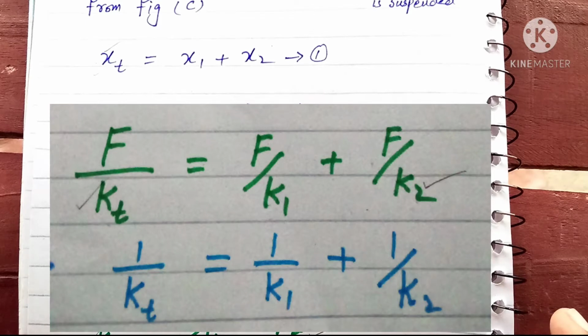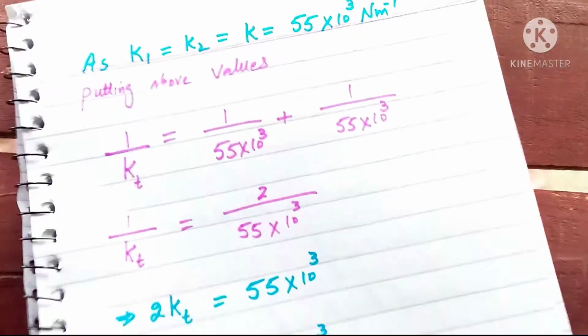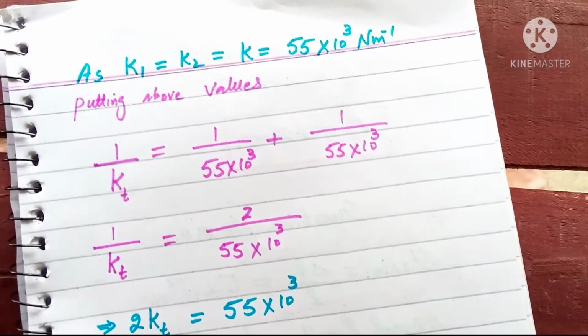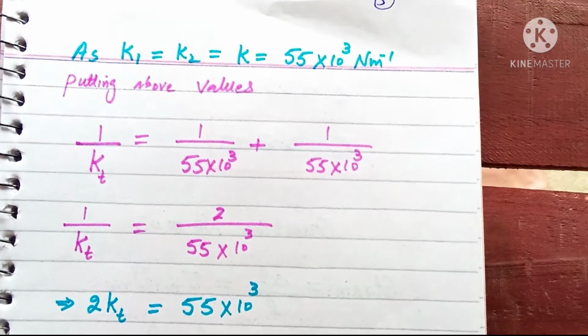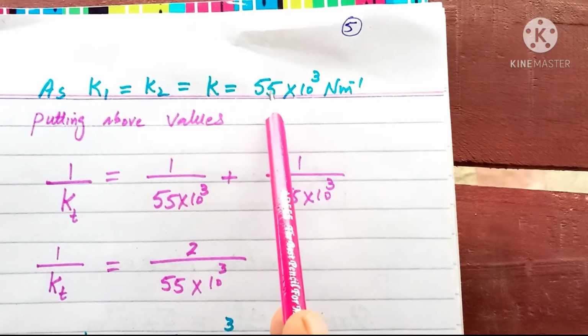Here we cancel F on both sides. So we put the values of k1 and k2. We are given k1 is equal to k2 is equal to k.